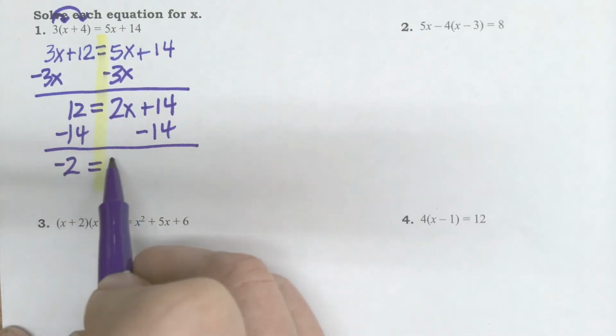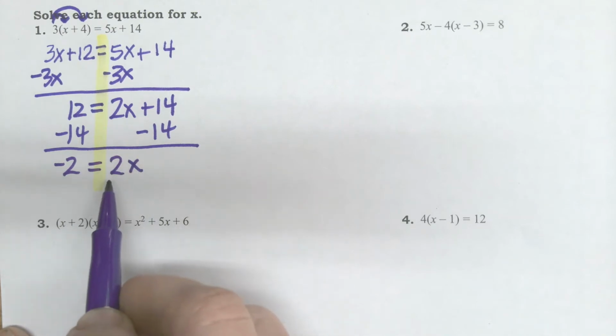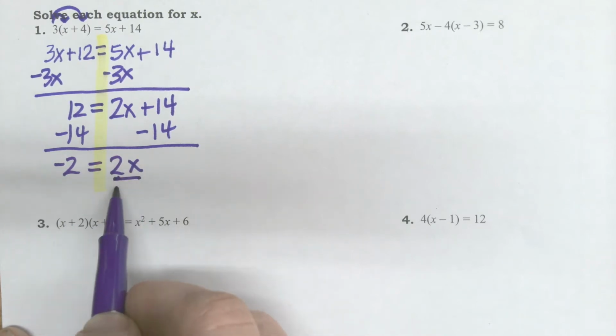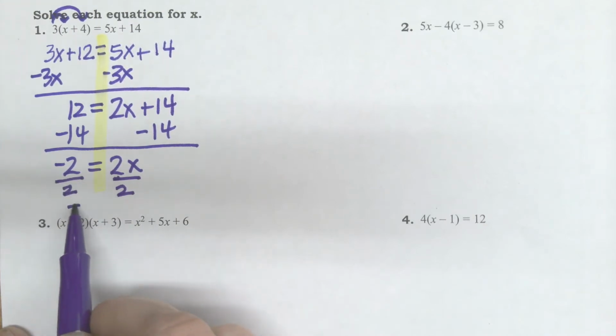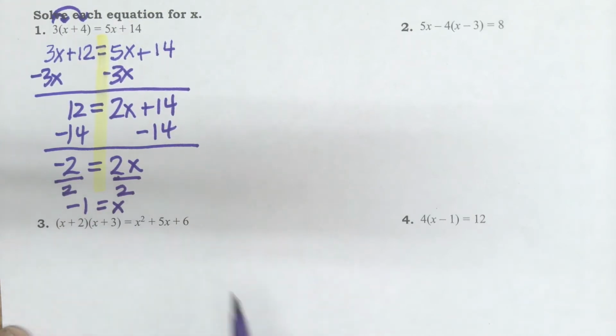Negative 2 equals 2x. Then I can do my final step of division. And negative 1 is x. Final answer on that one. Worked my way through kind of a lot of steps, so it's important to take your time when you work through this.